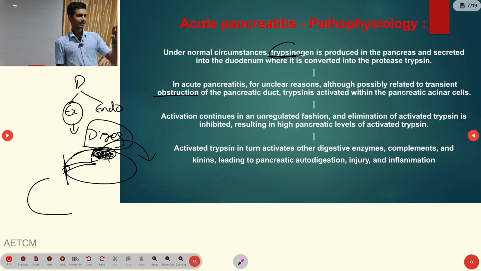Activation continues in an unregulated fashion, and elimination of activated trypsin is inhibited, resulting in a high pancreatic level of activated trypsin, which ultimately activates other digestive enzymes and complements like kinins, leading to pancreatic autodigestion injury, and finally inflammation.